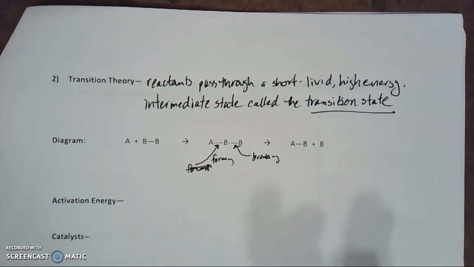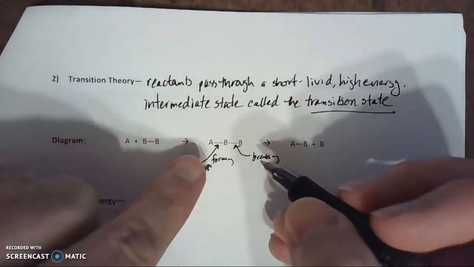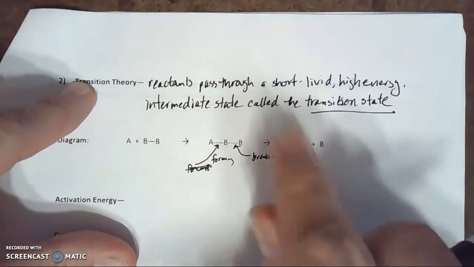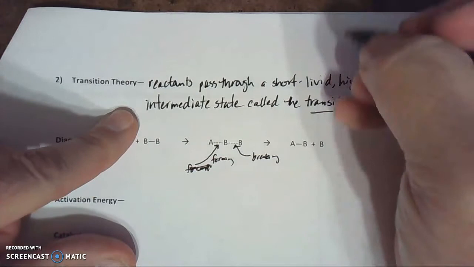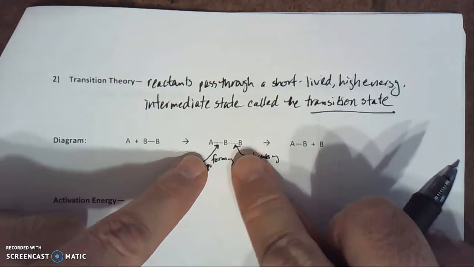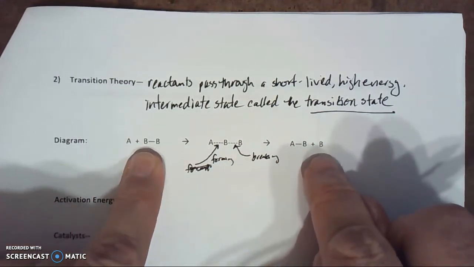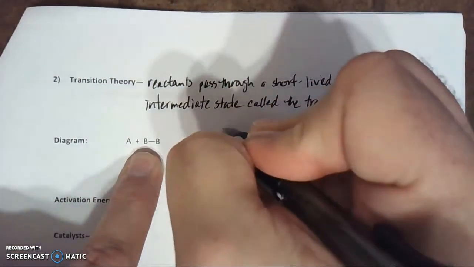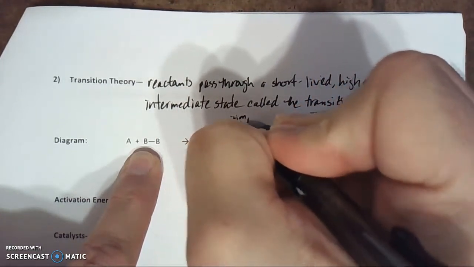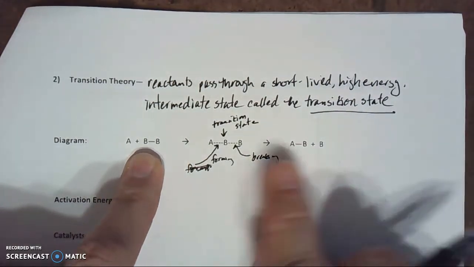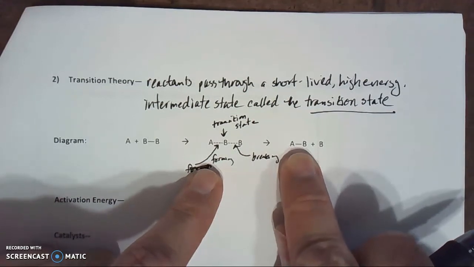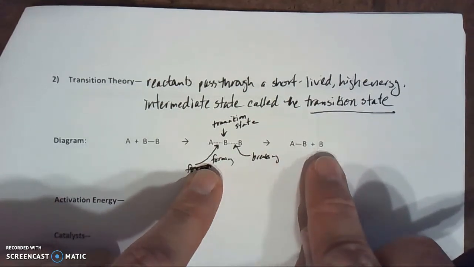At any given instant, as this bond is forming and this one is breaking, there are partial bonds between these, and it's short-lived. It's high energy because this is stressful, and it's in between the reactants and the products. This is the transition state, and it's very unstable. It seeks a lower energy state. A and B together are lower in energy than having B and B together.